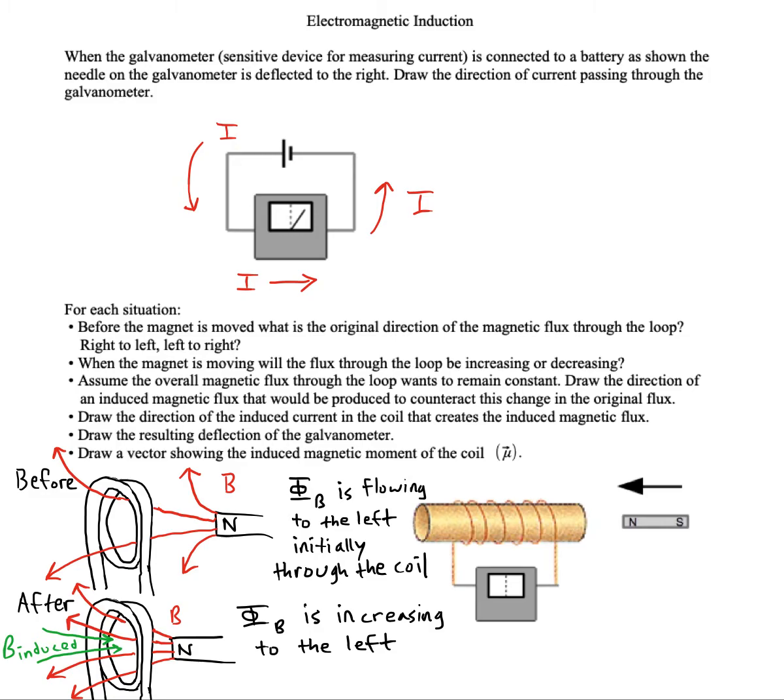Our last step is to figure out what kind of current flow in the loop would cause this type of magnetic field to be induced. Would it be counterclockwise or clockwise? For that, we would use the right-hand rule.